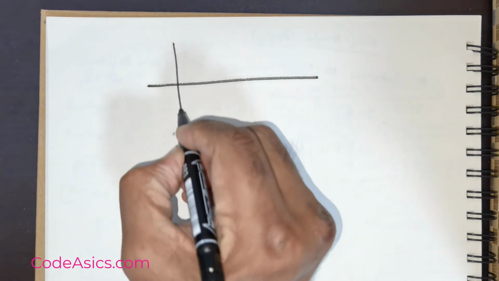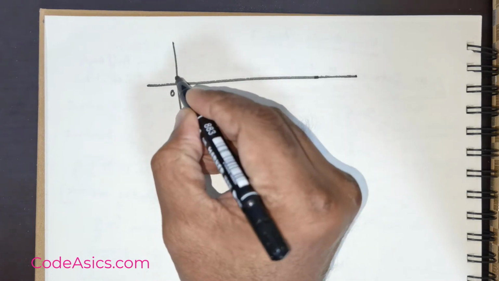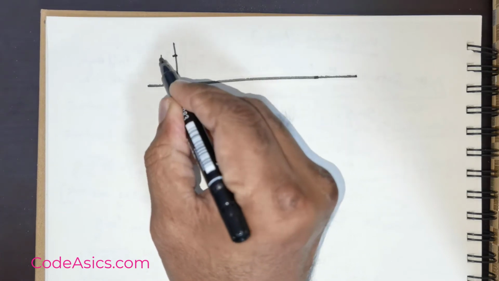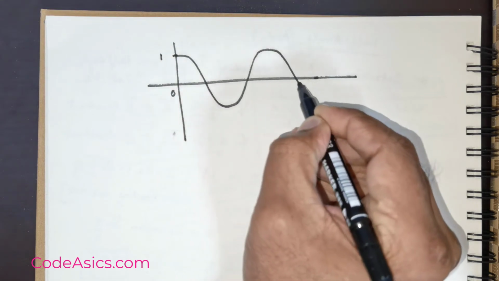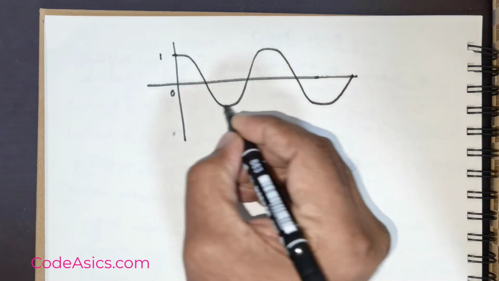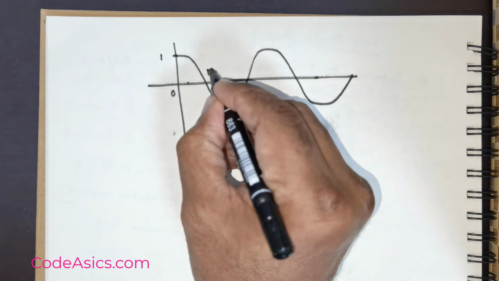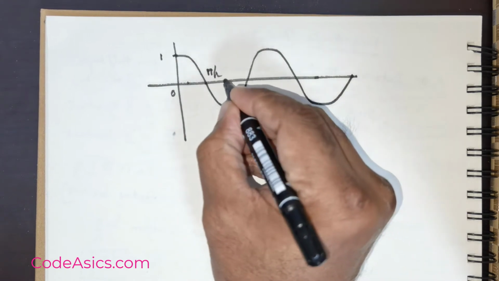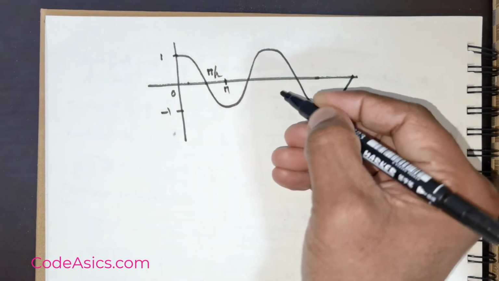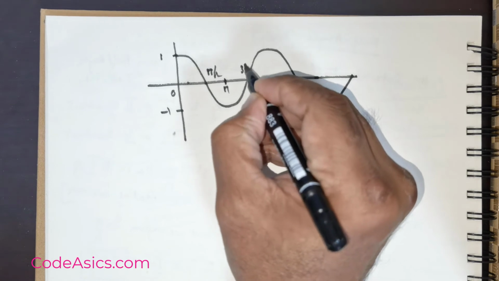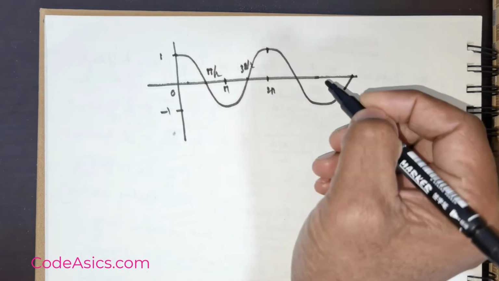Now the graph of cos. When theta is equal to 0, cos is 1. So the graph will start to look like this, right? And at pi over 2, cos pi over 2 is 0, and at pi it will hit negative 1, and at 3 pi over 2 it hits 0, and at 2 pi it hits 1, right?